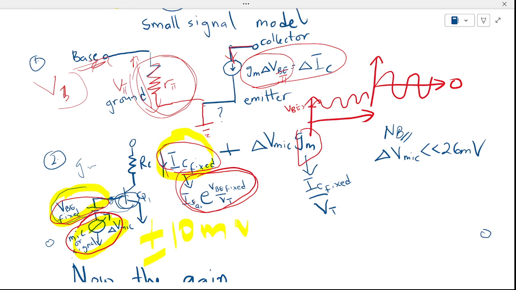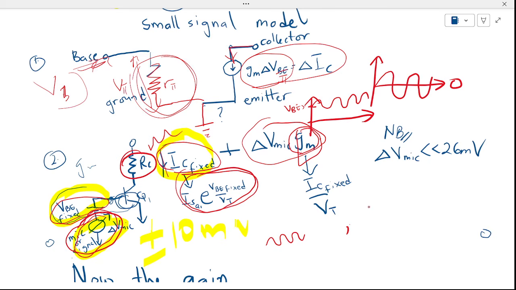So now the changes in the signal on the input side from the microphone will also cause some changes in the output, and that is what we use to calculate the gain. The output, which will be the microphone signal times the transconductance, gives me a current, multiplied by the collector resistance will give me the output voltage.